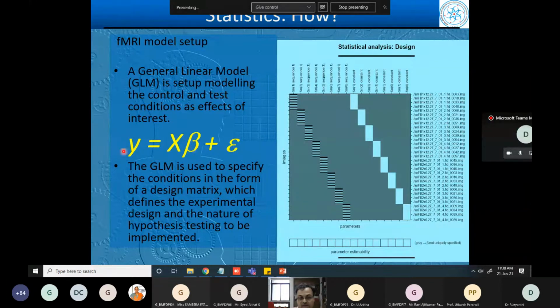Y is nothing but the brain images that you have collected, the intensity of the brain images, and we are doing it voxel by voxel. This is known as massive univariate analysis. X is your experimental setup, the design matrix, and this is the constant term. We all know that whenever you do regression, we need to include the constant term so that you can get a good fit.